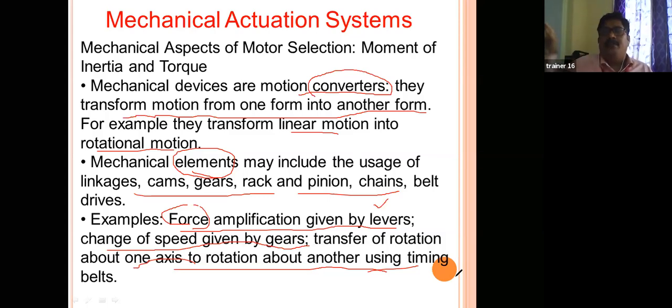If the small pulley rotates in this direction, the other pulley rotates in the opposite direction. Here the axis of rotation is transferred: one pulley rotates in one direction, the other in the counter direction.